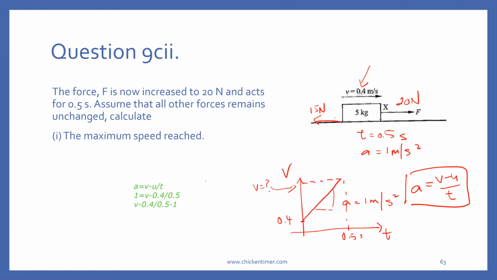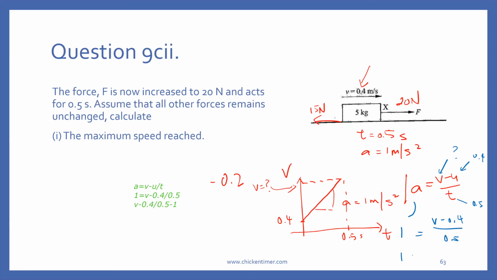Minus 0.2. Okay, let me use the formula too. a is 1, time is 0.5, final speed v is the question mark, and u is 0.4. So a equals v minus 0.4 over 0.5.